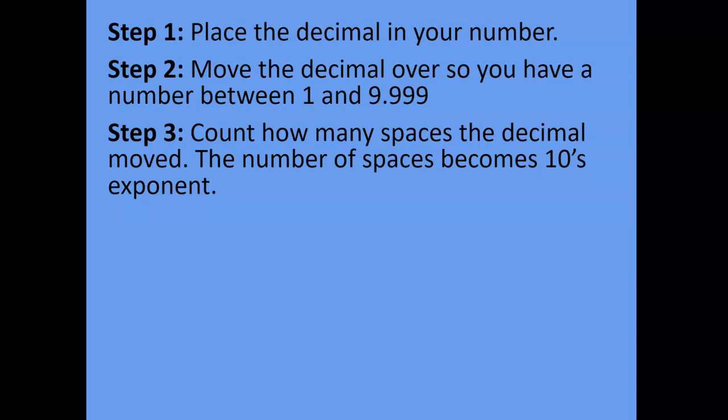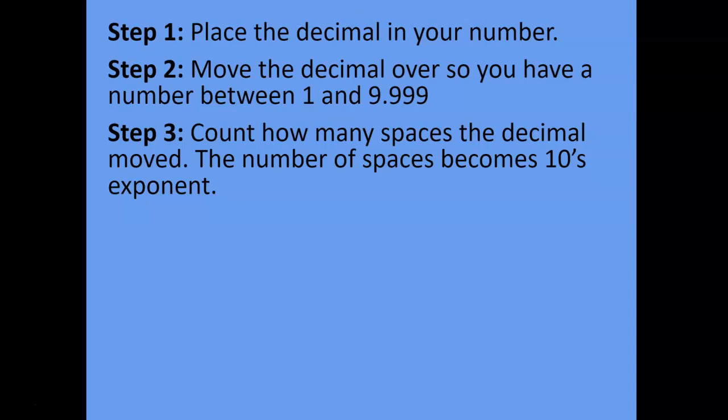The first step is that we need to place a decimal in our number that we are starting with. If you have a really tiny number below 0, you will already have a decimal in place. But sometimes you get really large numbers and there's no decimal because whenever we write numbers, we don't really put a decimal there. However, every number does have a decimal, so we'll just put that decimal there so we can see it. Step 2 is to move the decimal over so you have a number between 1 and 9.999.